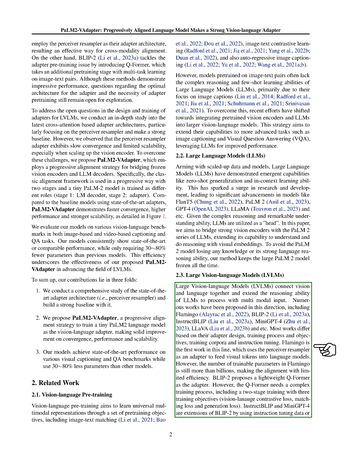On the other hand, BLIP2 introduces a more compact adapter known as the Q-former, which, despite its lightweight nature, requires a complex training regimen that includes a two-stage process with three distinct training objectives: vision-language contrastive loss, matching loss, and generation loss. Building upon BLIP2, both InstructBLIP and MiniGPT-4 extend its capabilities through the use of instruction tuning data or an additional projection layer.